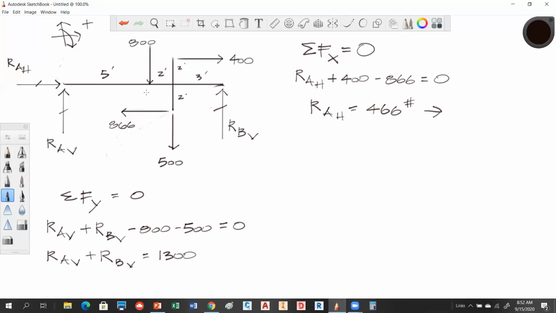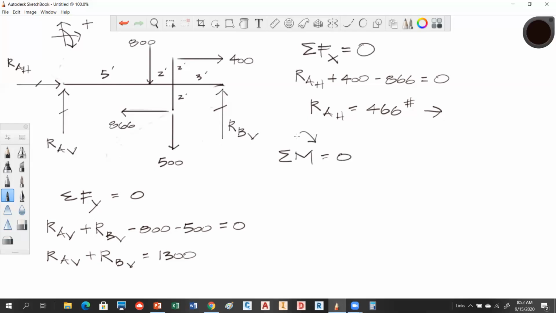This one's actually right in the middle. So I would say that this is going to carry a bit more load than that will. Okay, so let's see if that's true. I don't really care about that, but sometimes I like to think about that because that way when I get numbers, they should make sense.